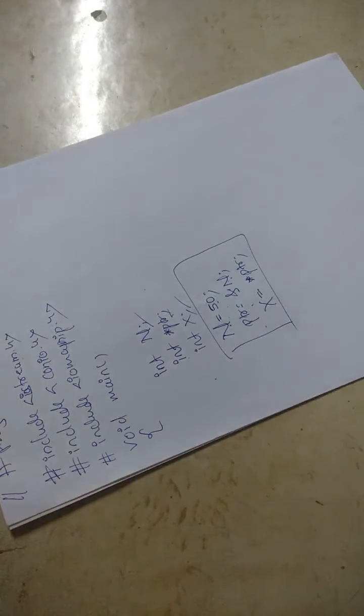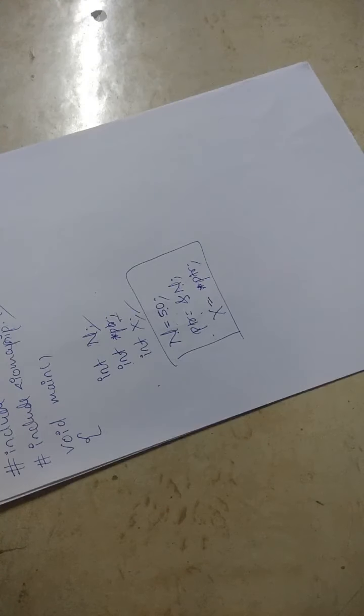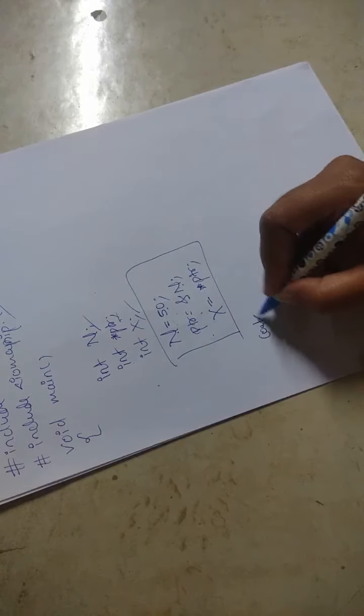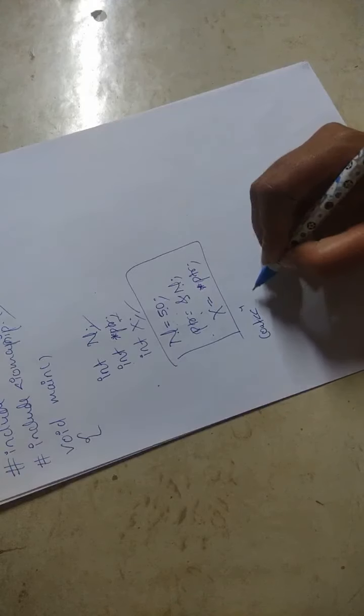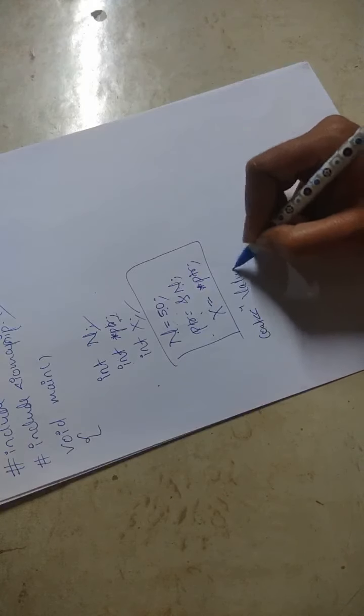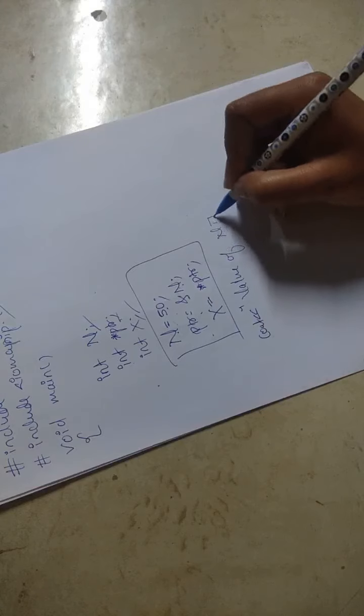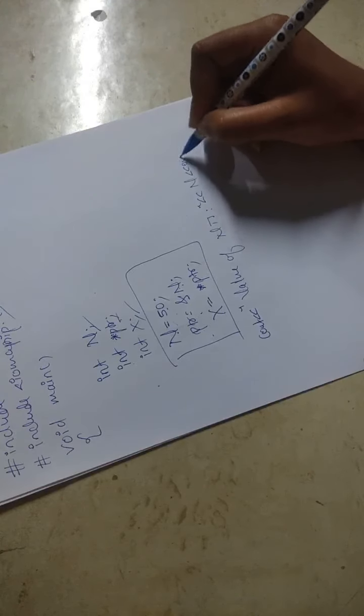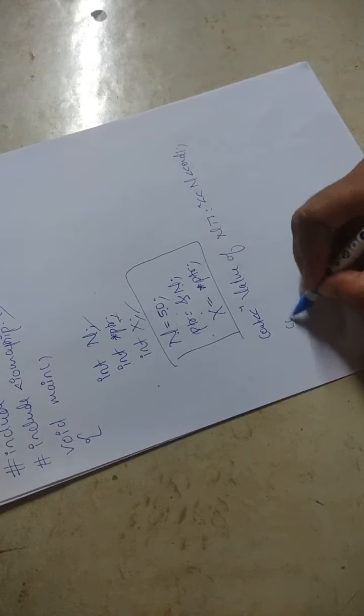Let me continue with the next lines and finish writing the program, and we'll see at execution time what will happen. So cout, I'll print the value of all the three variables. Cout value of n is n, endl.